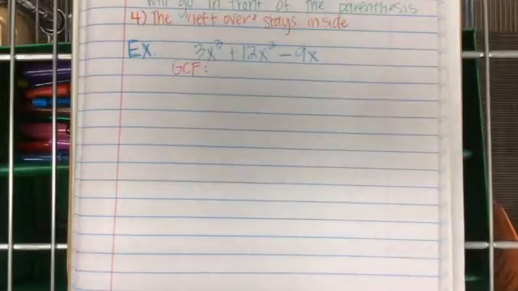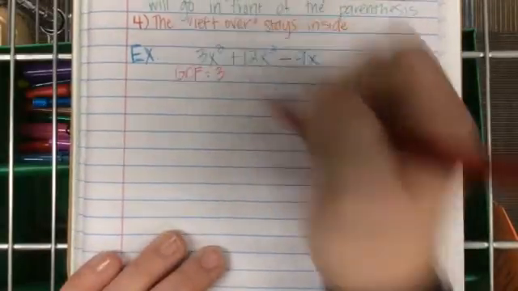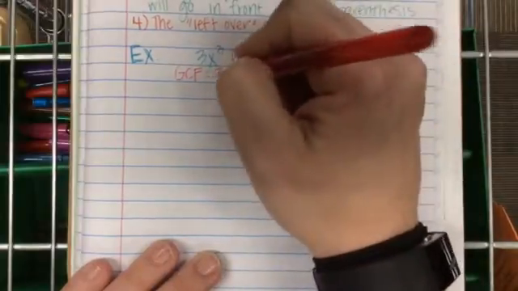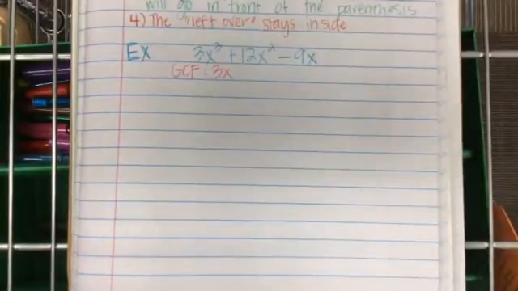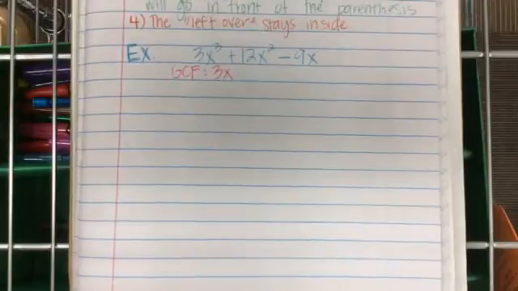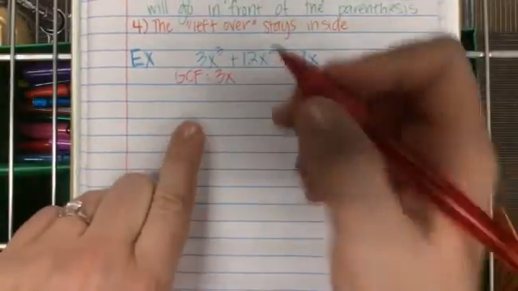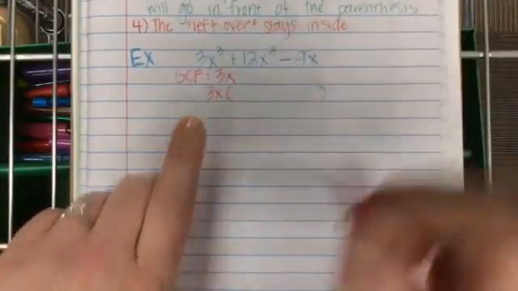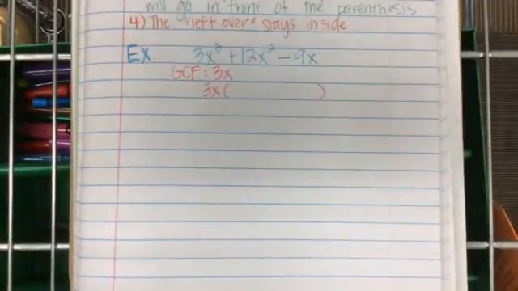What else do they all share? Anything? They share 3 and they share 1x. So if you can identify that, we're good to go. So 3x goes in front, and what's left over stays inside.